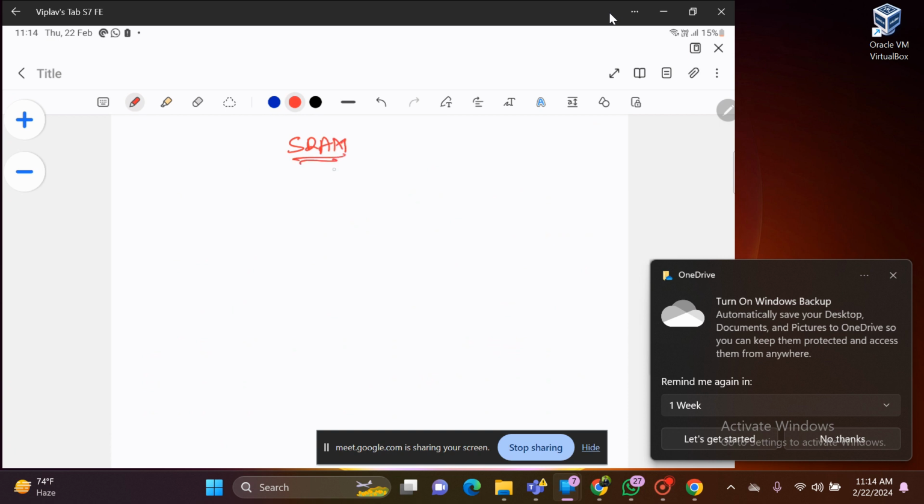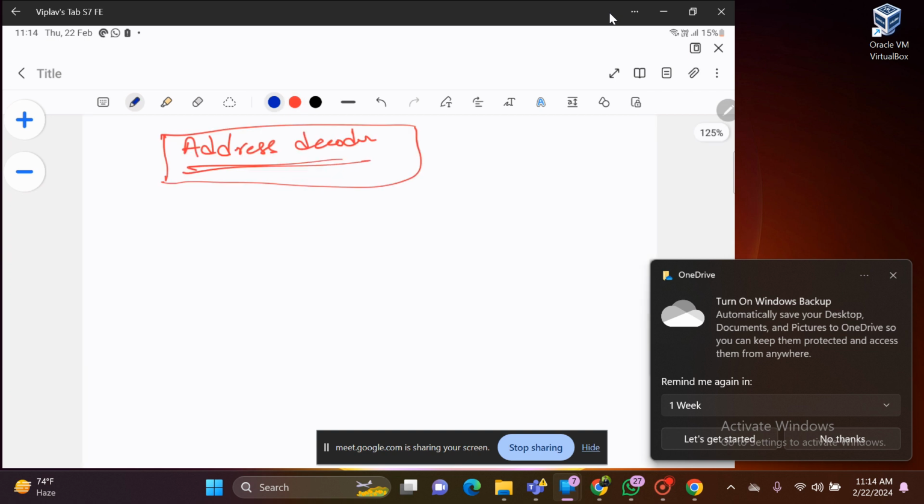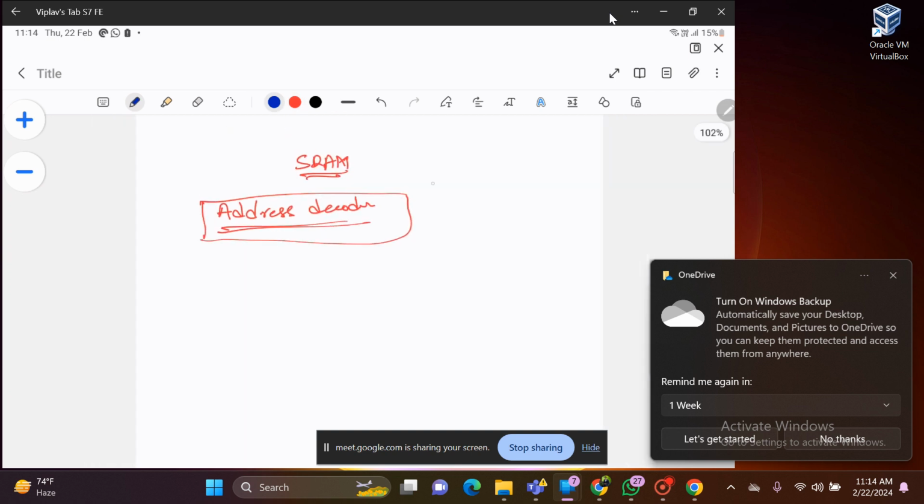For that application I need address decoders. So what are address decoders? We need to know about that. Designing here means we are designing the circuit for this.